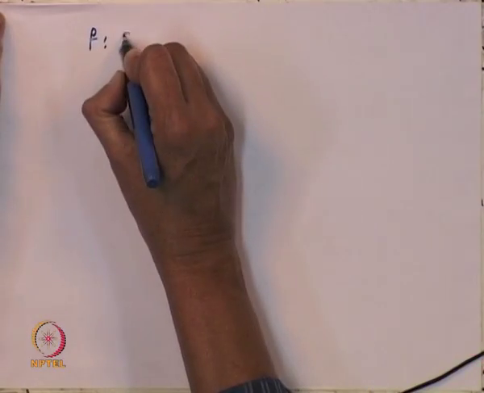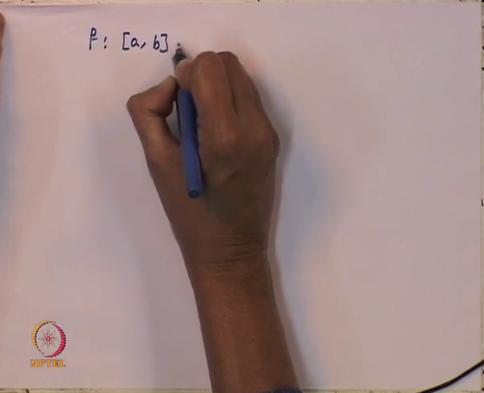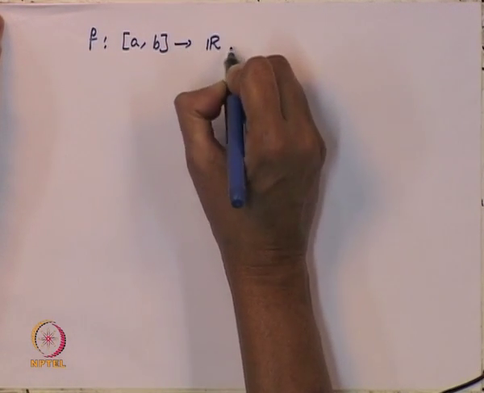So, the same bound we will use with interval [a, b] replaced by interval [t_i, t_(i+1)], where i goes from 1 up to n minus 1, and that will give us an upper bound for the error in the piecewise cubic Hermite interpolation. F is defined on interval [a, b] taking real values.